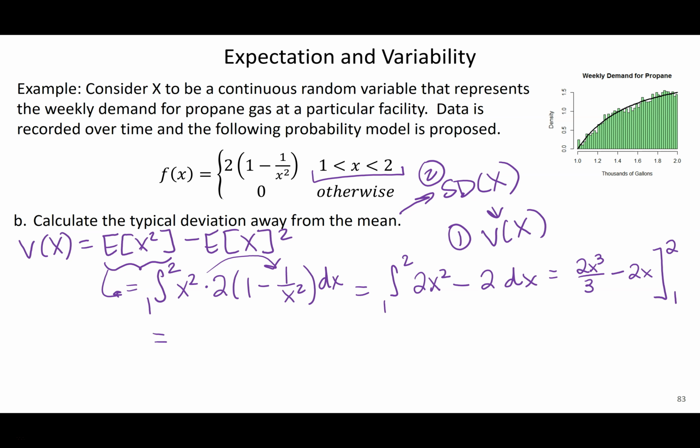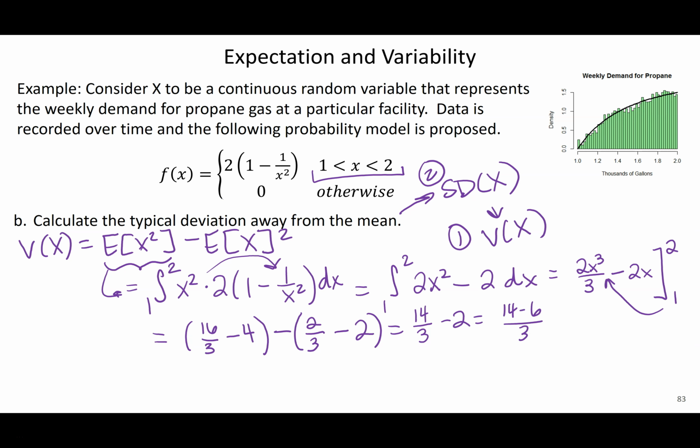So that's just going to be, 2 cubed is 8, so 2 times 8, 16 thirds, minus 2 times 2 is 4, minus, 1 cubed is 1, so 2 times 1 is 2, it's 2 thirds, minus 2 times 1 is 2. So I end up getting 14 thirds minus 2, it's going to be 14 minus 6 thirds, 8 thirds.